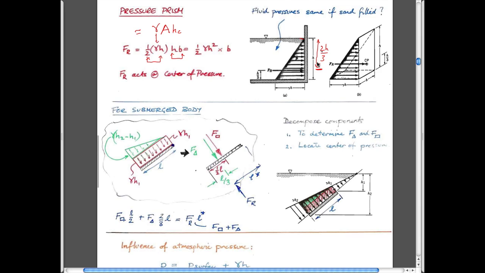Think of this as a single thickness cardboard triangle. The balance point for this is 2/3 of the way down from the top and 1/3 of the way up from the bottom. And so really this second moment of area that we're talking about, that gives us the location where this force acts, is actually the balance point of this pressure distribution, right? Which is kind of a curious thing.